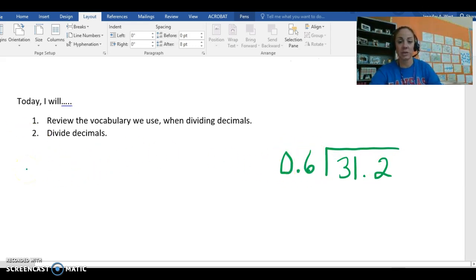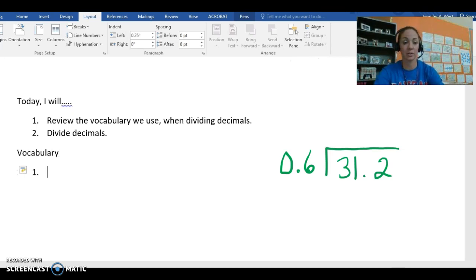All right, so now we need to go over our vocabulary. The first word we're going to go with is dividend. And the dividend is the decimal or number being divided into equal groups.